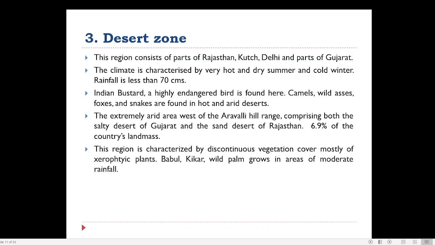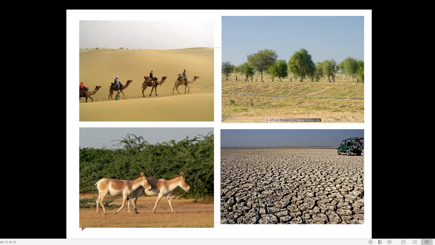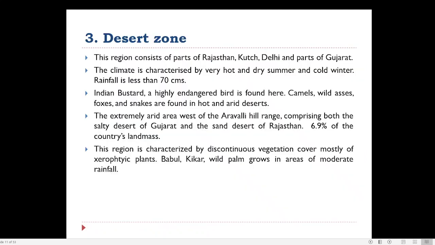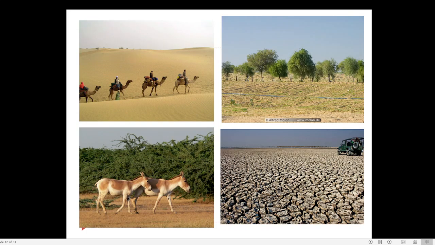Then one important feature is that they are mainly characterized by xerophytic plants. This is the type of plant that we can find. If you go to Tamil Nadu also, you can find these types of xerophytic vegetation. Then babool, kikar, wild palm. These types of trees are present in the desert zone because of the very limited rainfall.